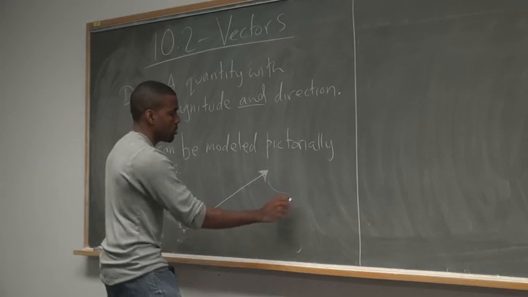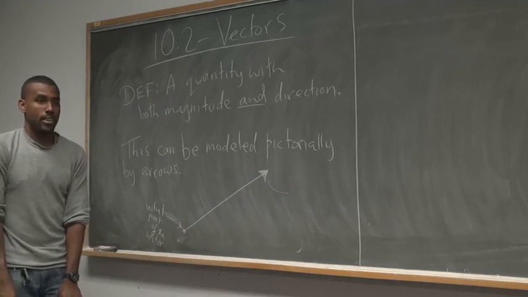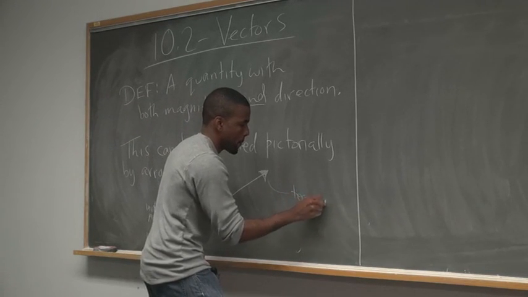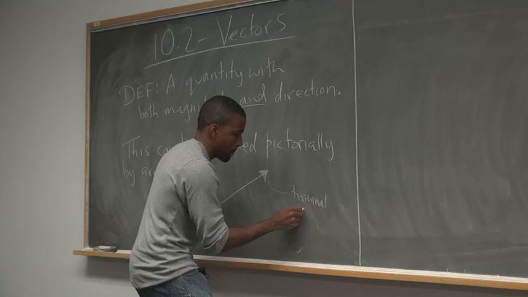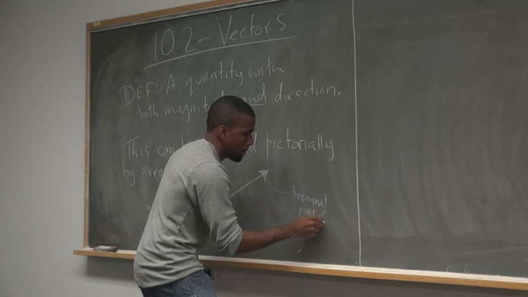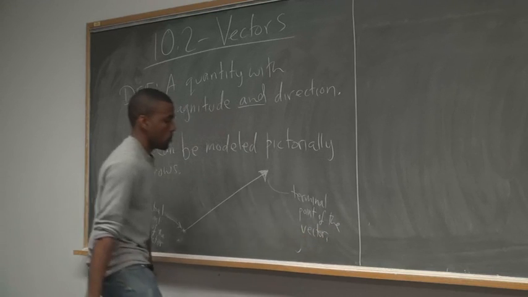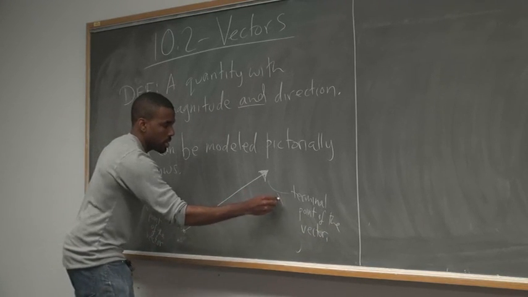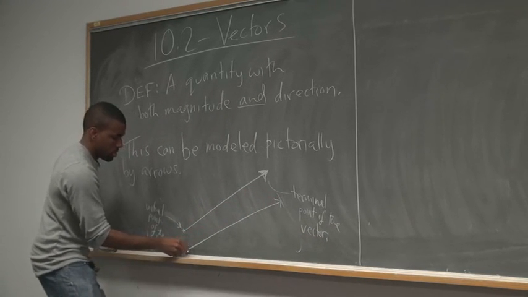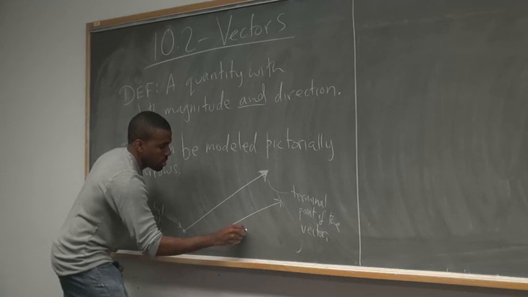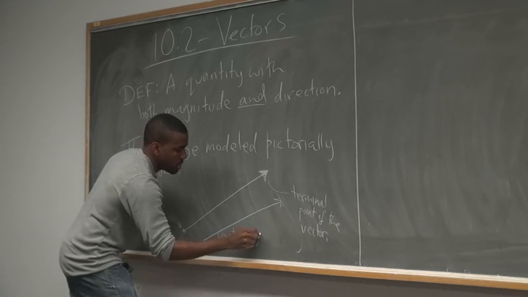This is called, what is that called? The terminal point of the vector. Right. The length of the vector is its magnitude.